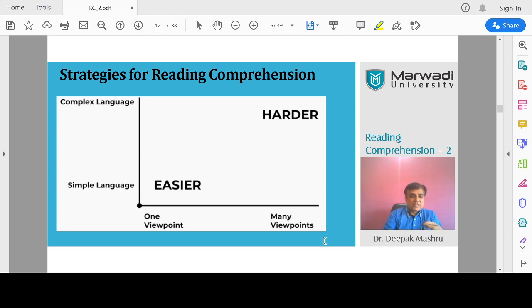That means if fewer jargons and fewer multiple structures are used, and if the vocabulary is simple, it would be easier for you. If the language is complex and you are not acquainted with it, it would be harder for you. So from the language point of view, simple language can be easier for you, and complex language is difficult for you.